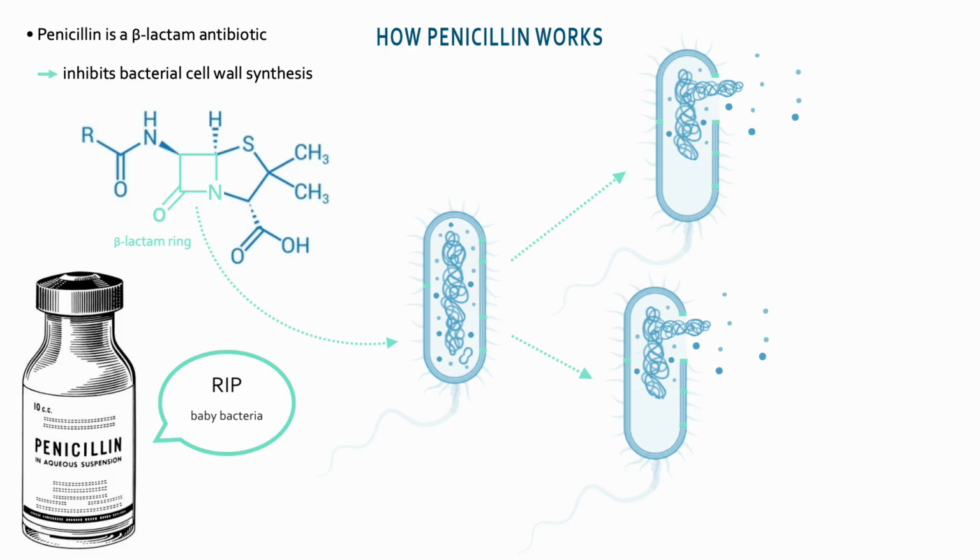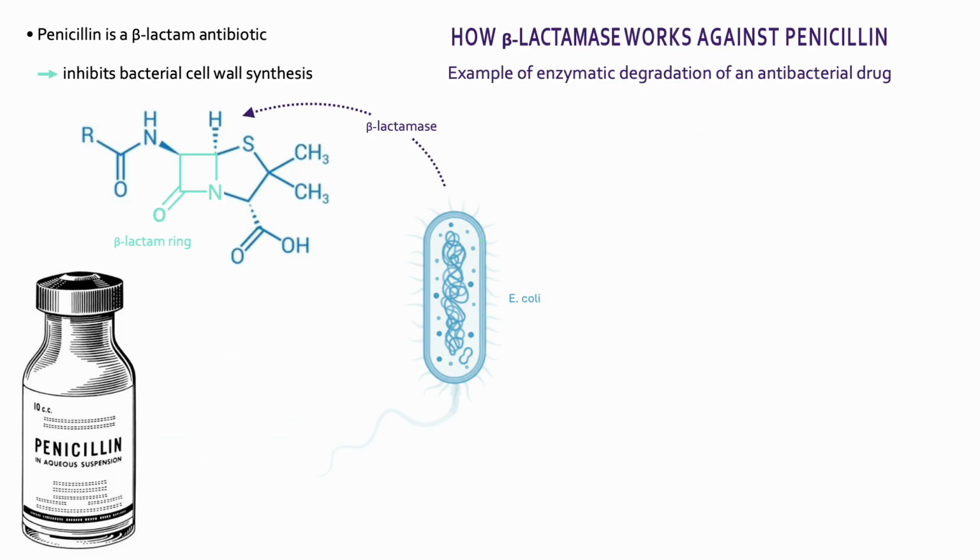E. coli is an example of a bacteria that frequently has beta-lactamases, which break apart the ring in the penicillin structure that normally gets included in the cell wall of bacteria when they try to replicate. When penicillin's structure is broken by beta-lactamase, it no longer harms bacteria.